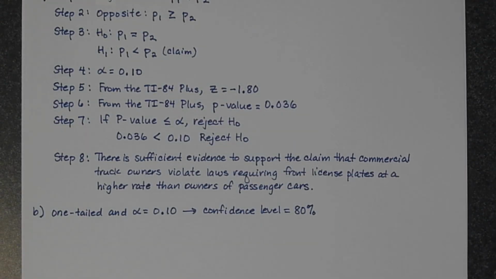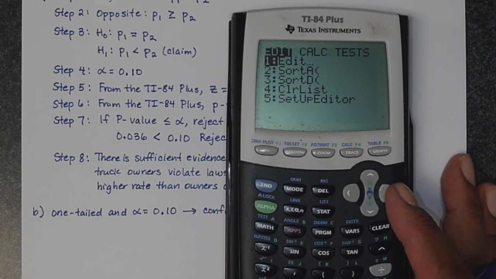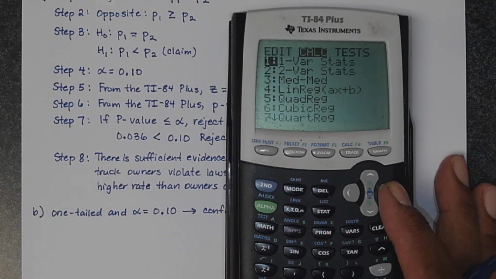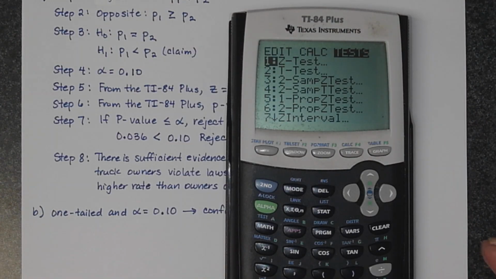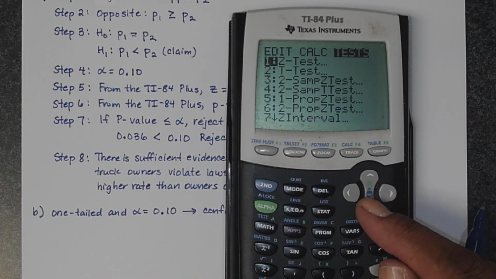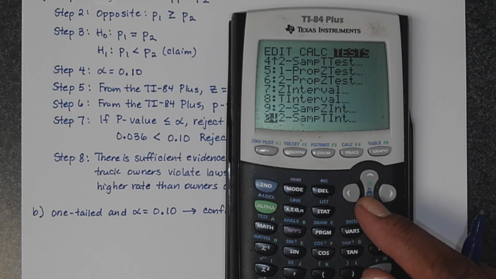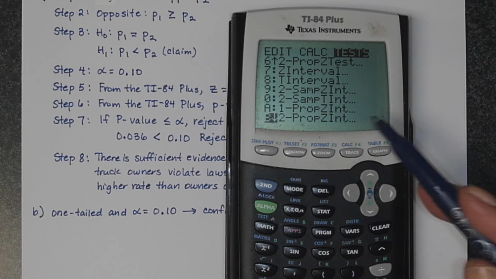Now, using the graphing calculator, we press the stat key and then go over to test. And in this case here, we're going to pick 2-prop Z interval, which is this right here.